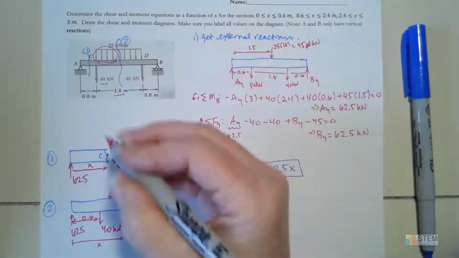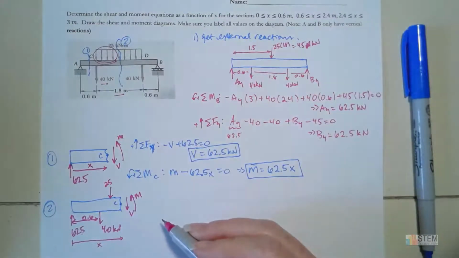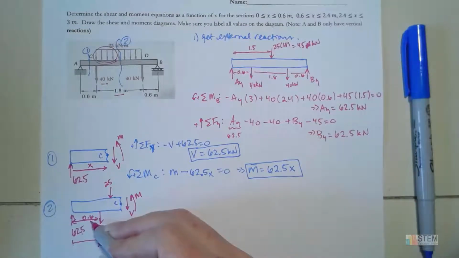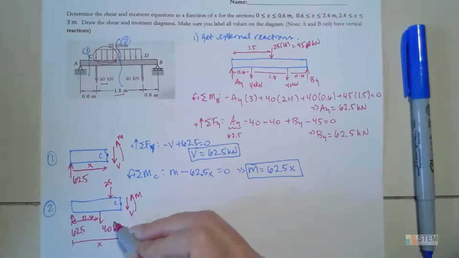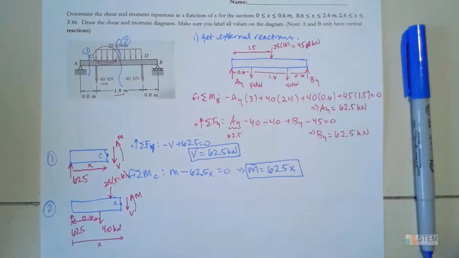So the intensity is going to be 25, and that distance that the load is acting on is going to be x minus the 0.6, because that will give me this right here.